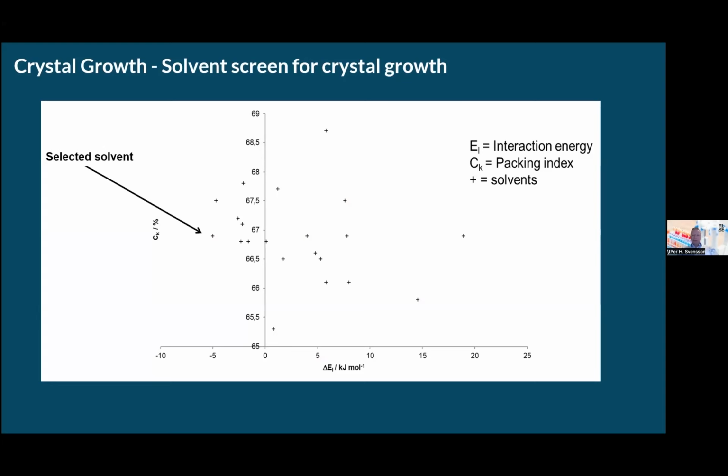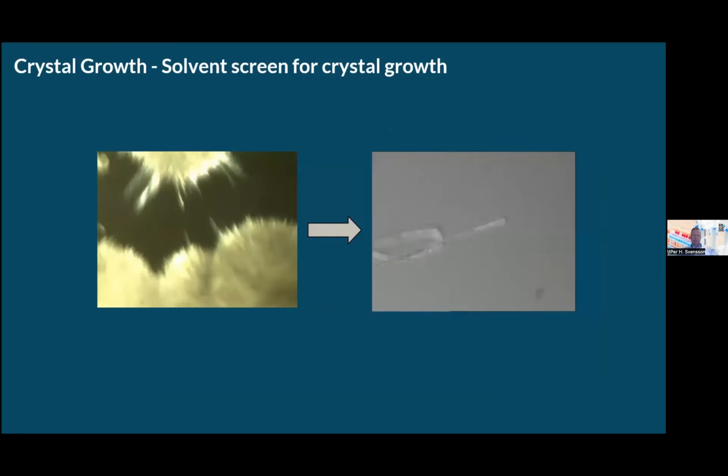On the x-axis, we have the interaction energy, and on the y-axis, we have the so-called packing index. Each point corresponds to a solvent examined. The highest ranked solvent for the API was used in the initial crystallization experiments.